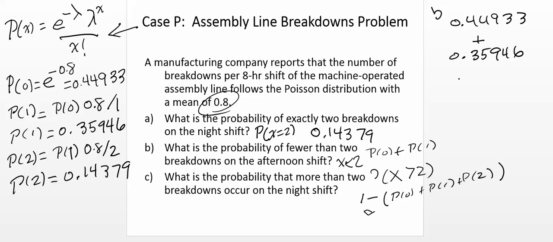When I did that, I got 0.80879, the sum of those two numbers. And that's the answer for part B.